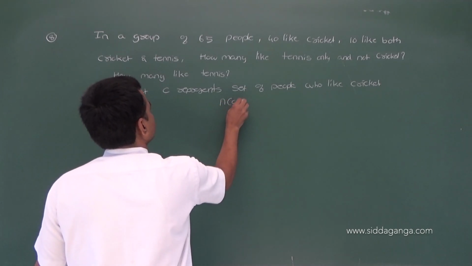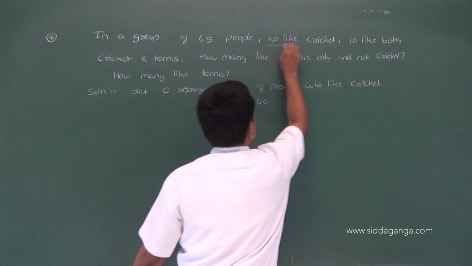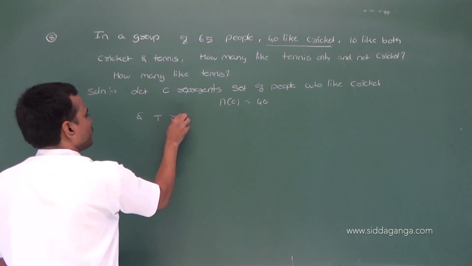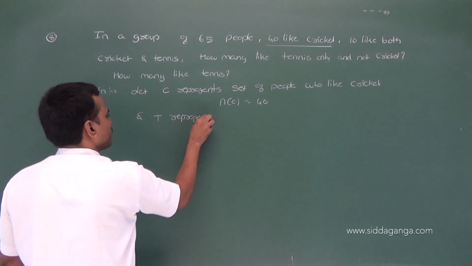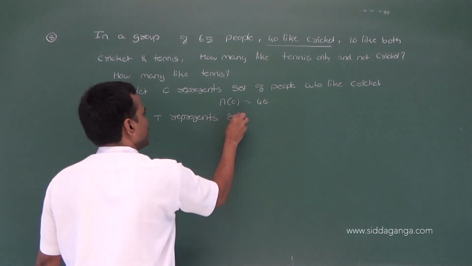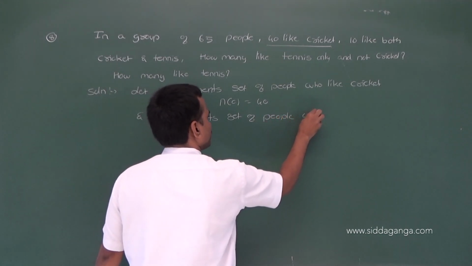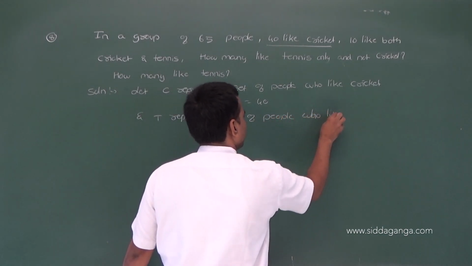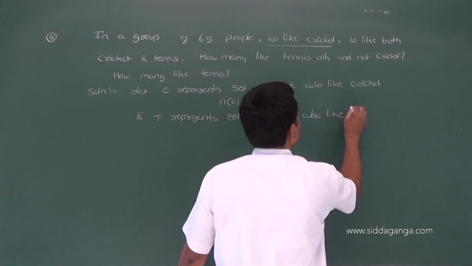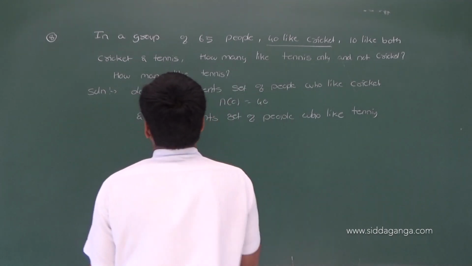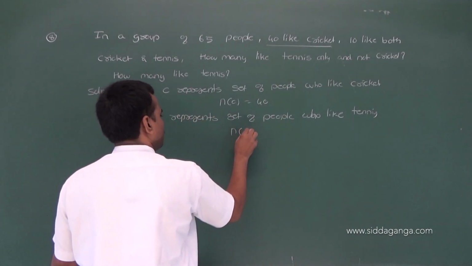N of C is given, 40. And T represents the set of people who like tennis. We have to calculate this one.